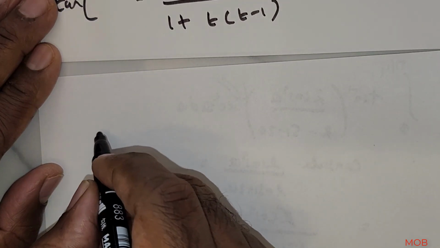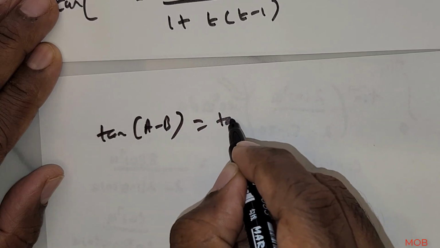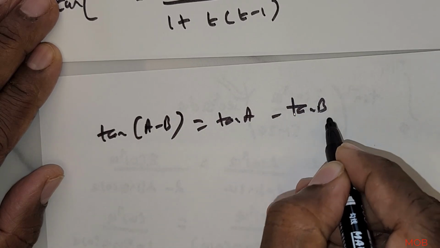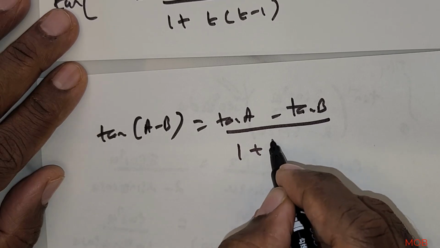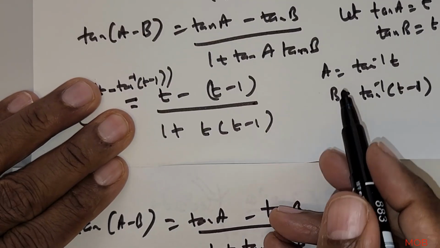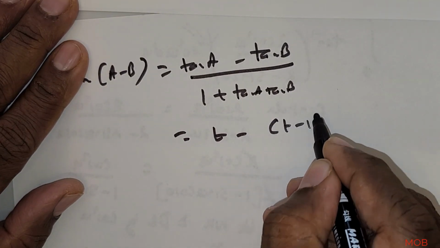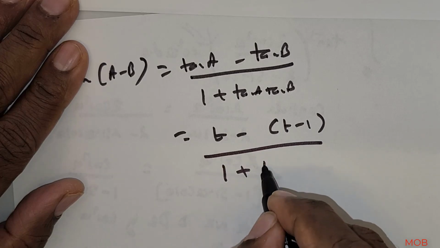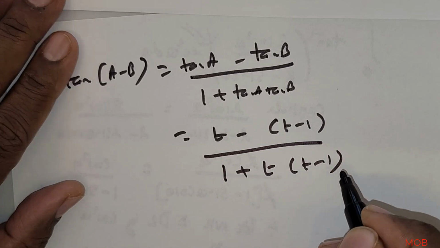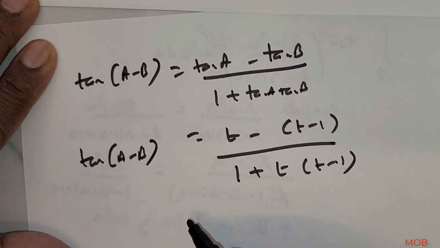Now I need to rewrite this for better clarity. That is our objective, right? So tan of a negative b is equal to tan a negative tan b divided by 1 positive tan a tan b. As I mentioned to you, along these lines, this is going to be t negative of t negative 1 divided by 1 positive t times t negative 1. Okay, so I have a tan of a negative b.